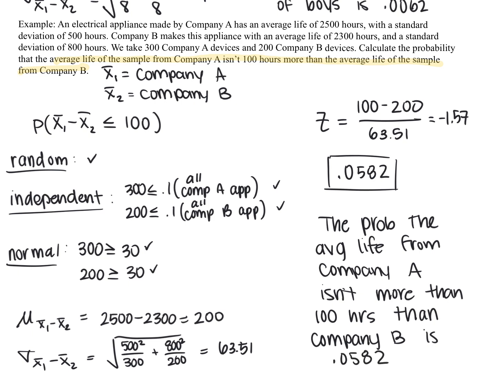So also very low probability, which means it's probably likely that the average life from company A is 100 hours more than company B.